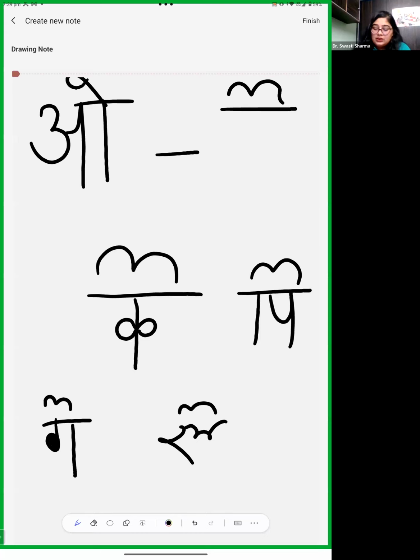The 3 in Roman, we are just rotating it, and it looks like a flying bird. So this is O. This is clear.